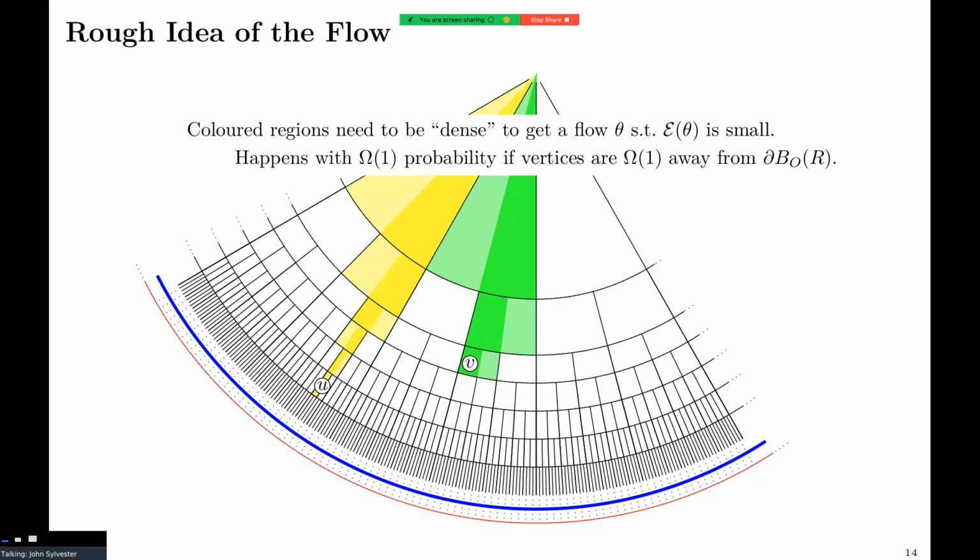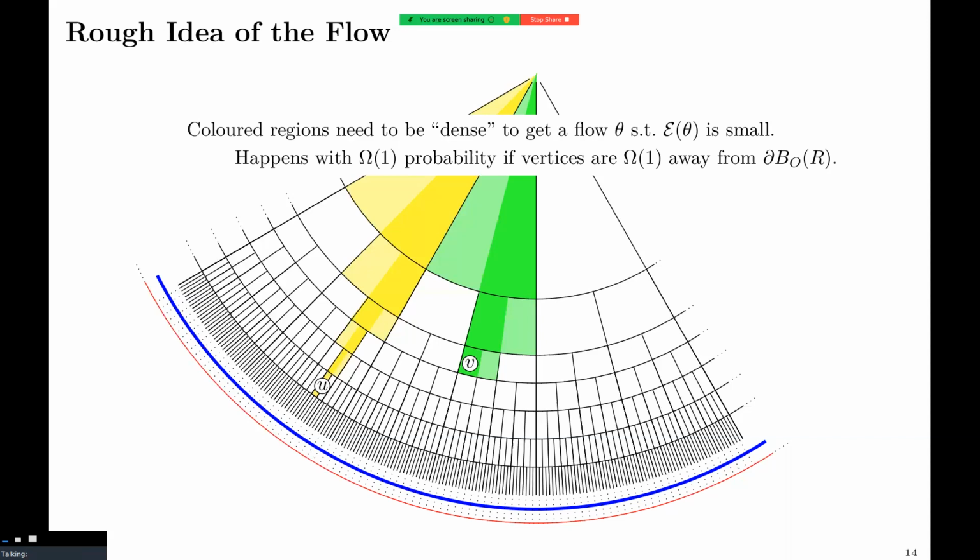Right? A constant fraction of the vertices lie at constant distance from the edge of the disk. So making this work is quite technical, and it depends on the tail probabilities quite a bit. So how fast this probability decays as a function of how close you are to the edge of the disk. But there's not time to discuss this, but all the details are on the archive.